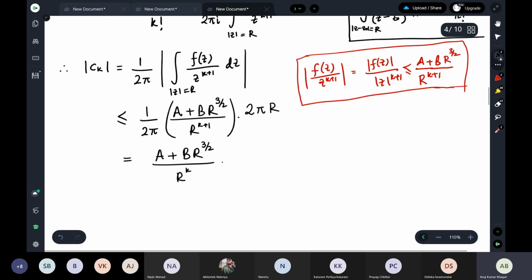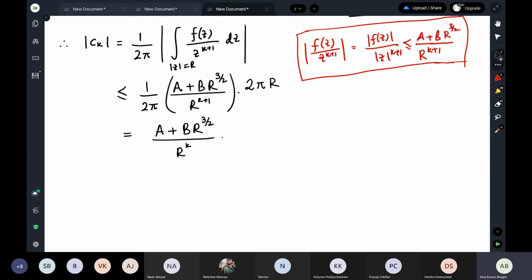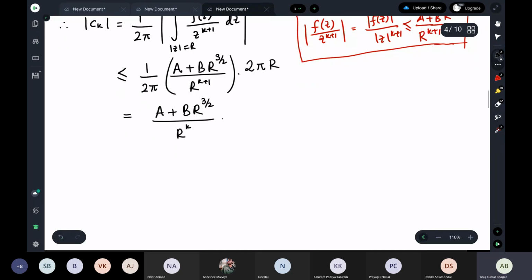So my point is, when will this number go to 0? When this k is more than 3 by 2, right? Yes, sir. When the denominator is more. So k is more than 3 by 2, but k is an integer.